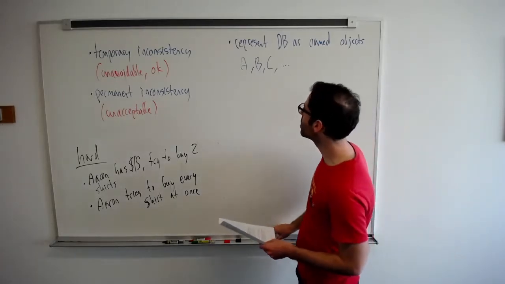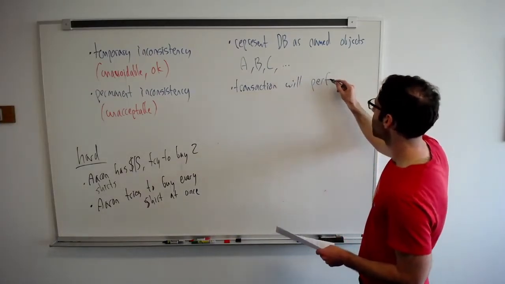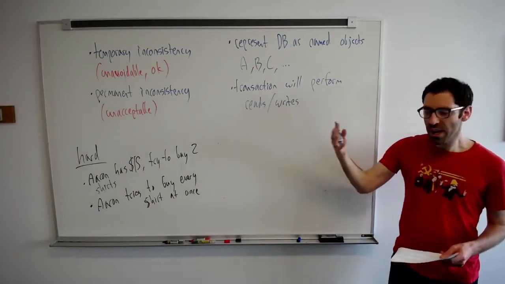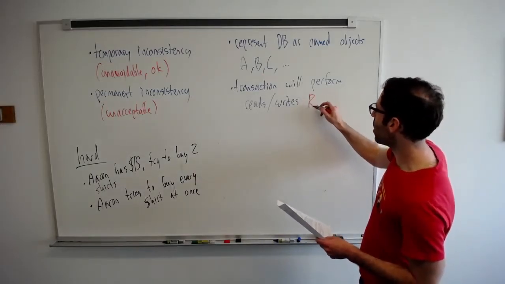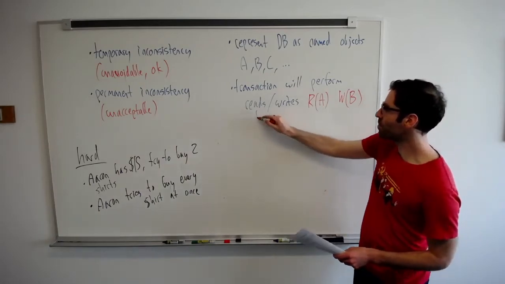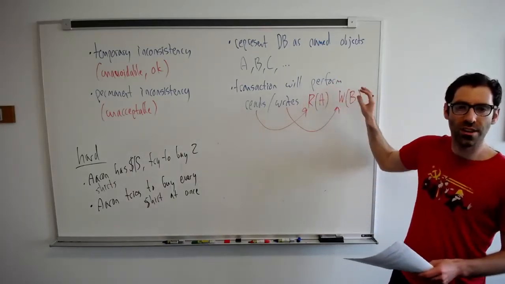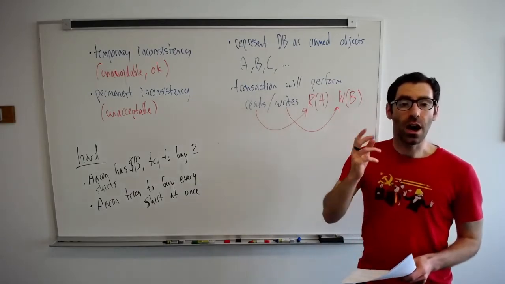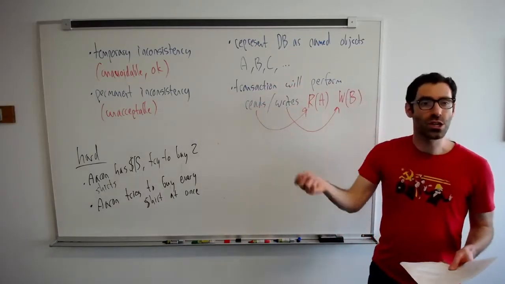And a transaction will perform reads and writes on these database objects, and so we'll represent those doing something like we can read object A, a transaction will write object B, and this is the notation that I'll use for describing what a transaction does as the database views its operations, because an important fact is that the database is not going to know the details, the objective of the operations in a transaction.